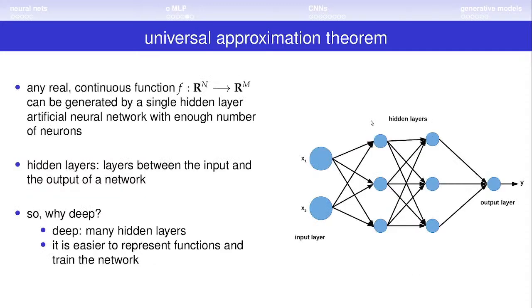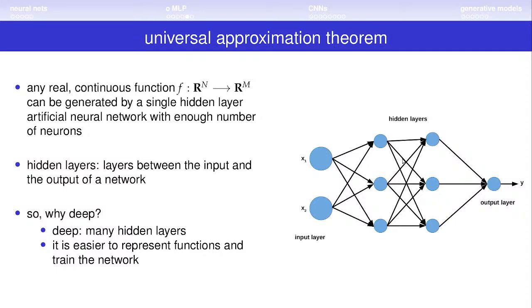Okay, I have mentioned the universal approximation theorem. This is very interesting. It can be demonstrated that any continuous function can be represented by a neural network with a single hidden layer. But in general, we don't use a network with a single hidden layer. We use several hidden layers, which means that we use deep neural networks instead of shallow networks.